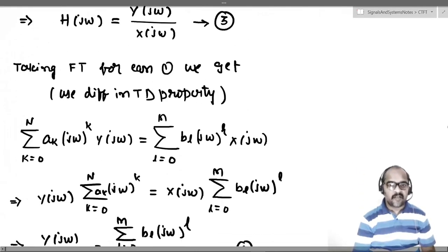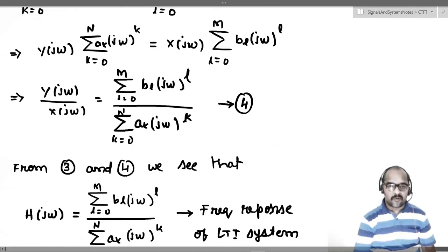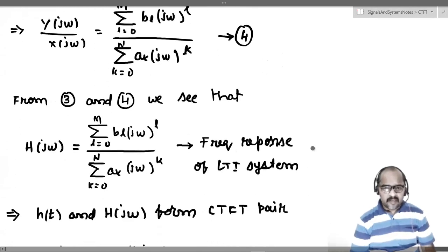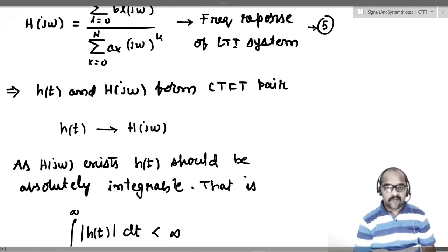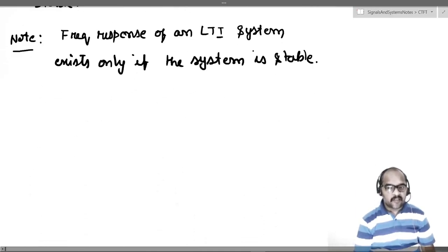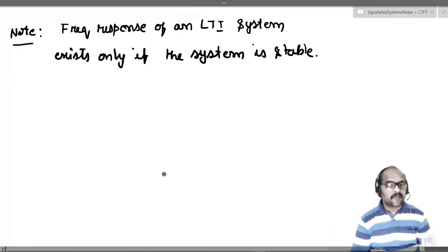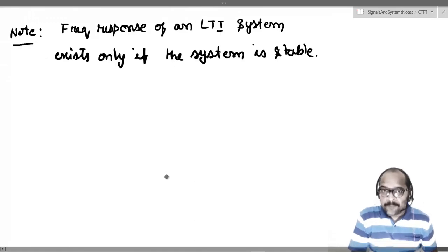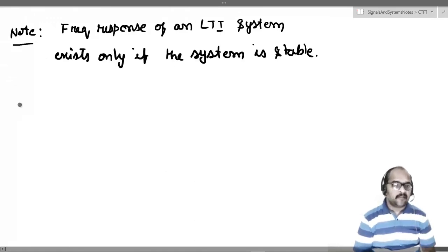So we equated equations 3 and 4 and got the equation, let us call this equation 5. That would be the frequency response of the system. So once I say frequency response of the system, we are talking about a stable LTI system.